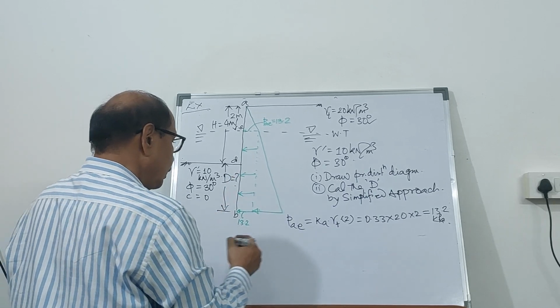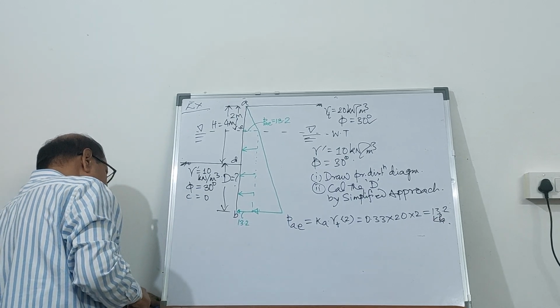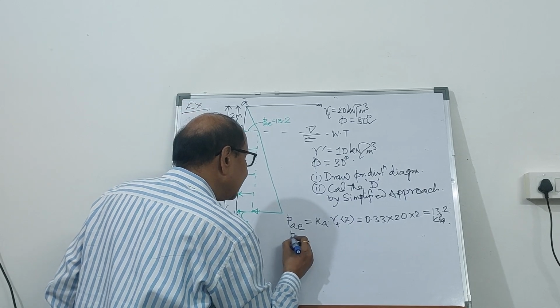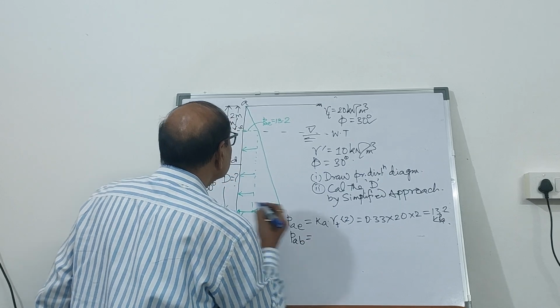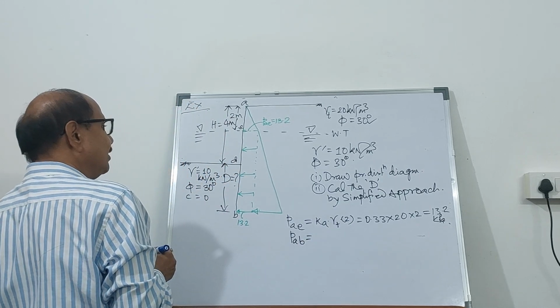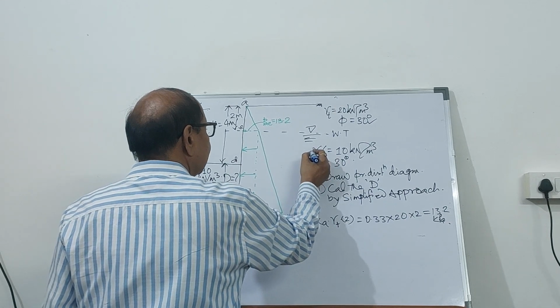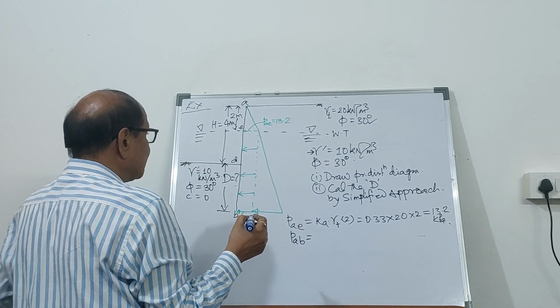Now, we want to calculate the value at B. So the active earth pressure in a simplified approach at B can be easily calculated. Now, as you can see, it is gamma prime because it is submerged.